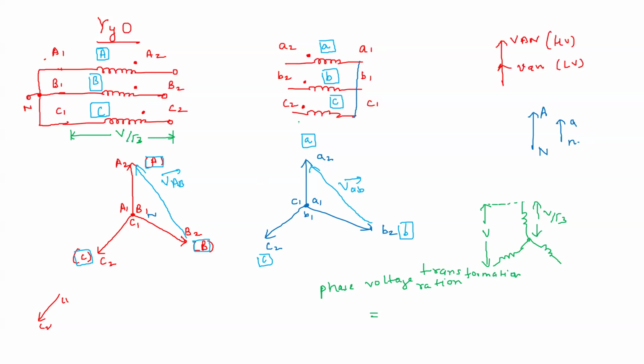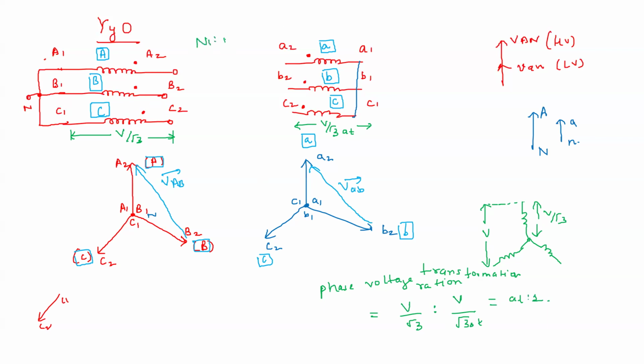On this side it will come out to be V by root 3 divided by 80, where 80 is this transformation ratio. So this is V by root 3 is to V by root 3 by 80, so that it becomes 80 is to 1.